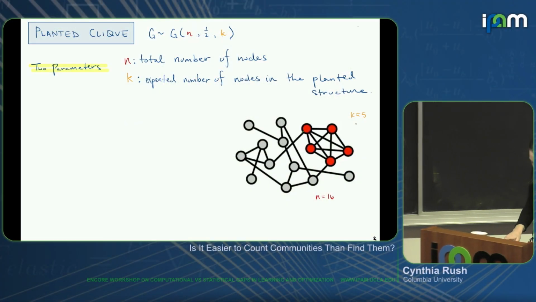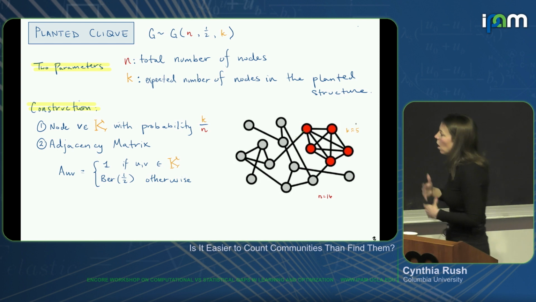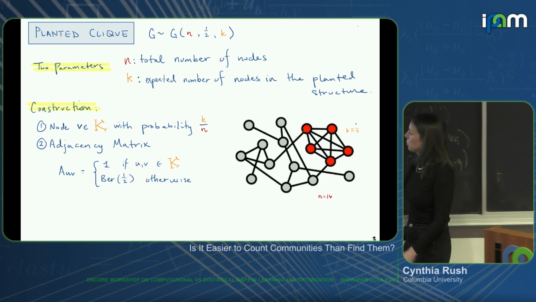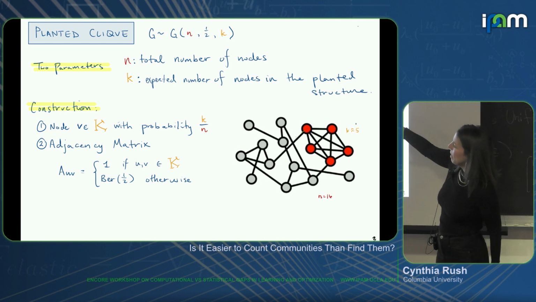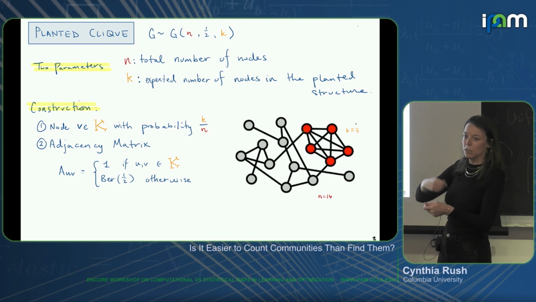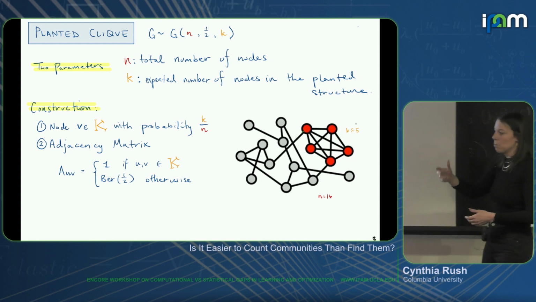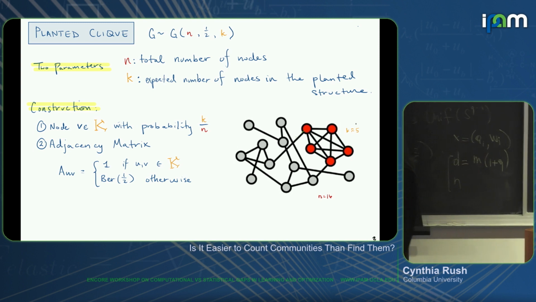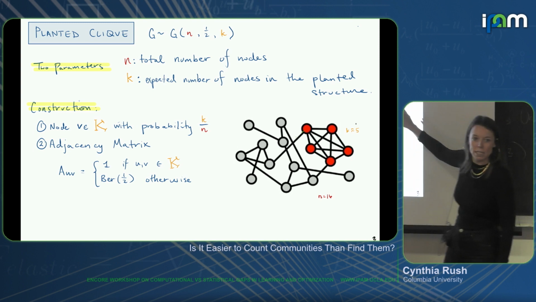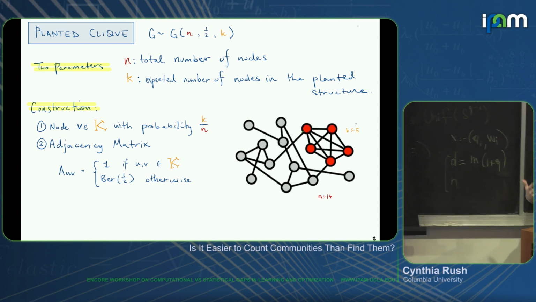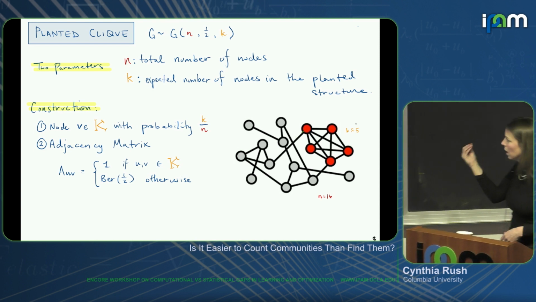In the planted clique problem, all of the nodes in the planted structure are fully connected. So for the construction, you look at each of your n nodes and ask, is it in the clique or not, with probability k over n? The nodes in the clique get a fully connected subgraph.